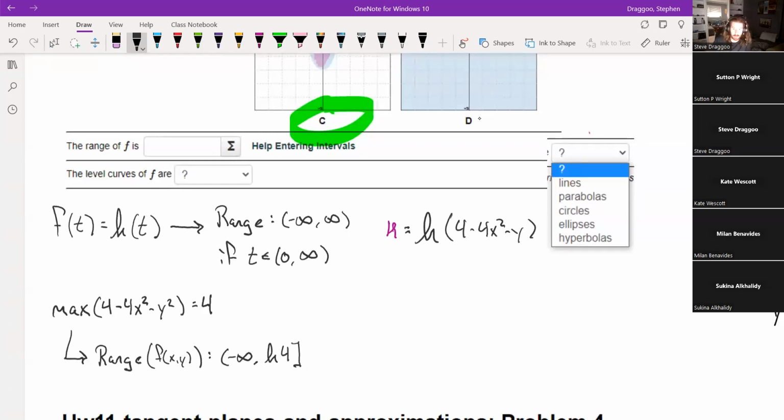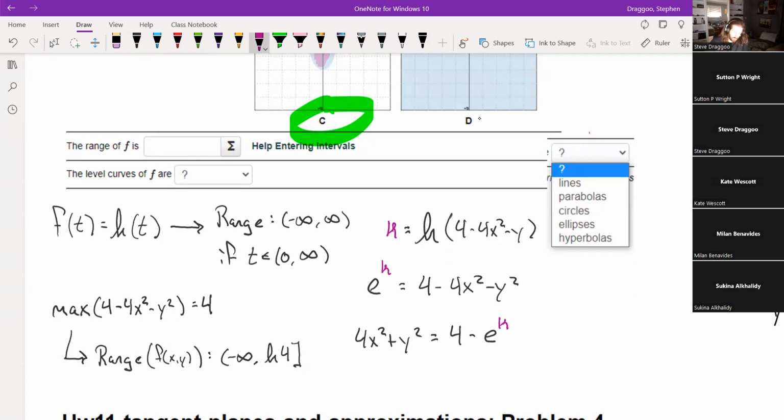Let's put this equation into a form that we can recognize. Maybe I'll start by doing e to the k on the left is equal to 4 minus 4x squared minus y squared. And similarly to how I solved the domain, I'll put 4x squared plus y squared on one side, grouping the other stuff on the right.